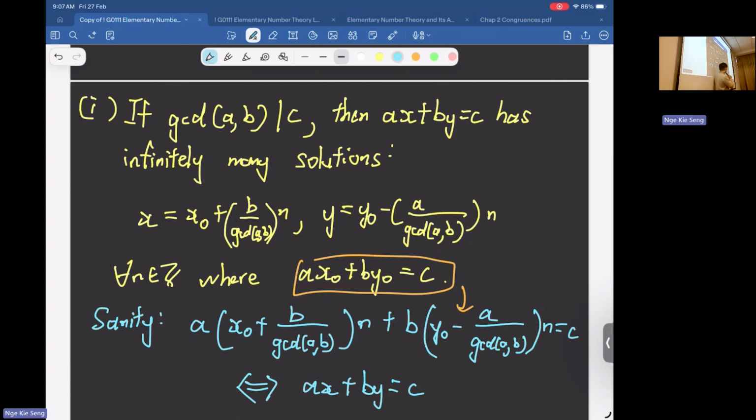It doesn't matter which one you put the minus on, but they have to be different, because it's true for any integer n. So the point here is the different sign of the two.